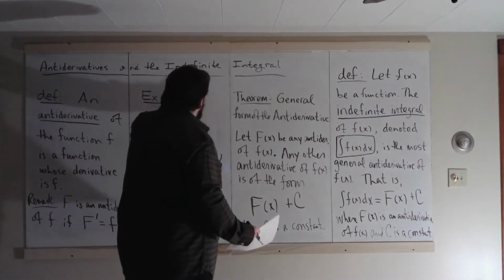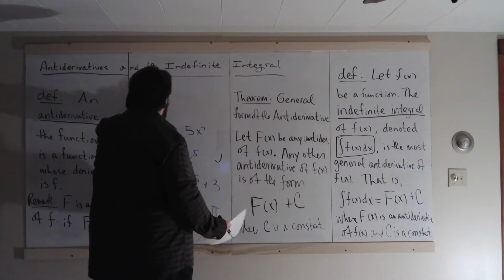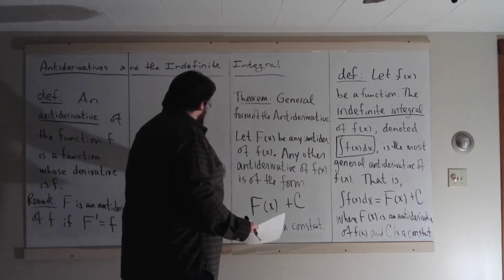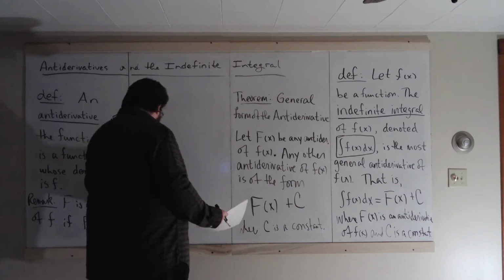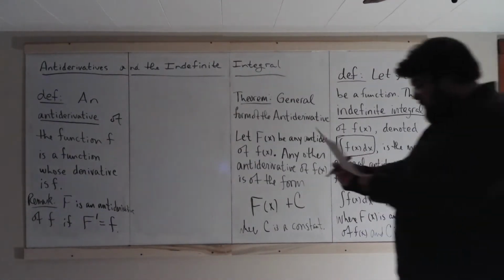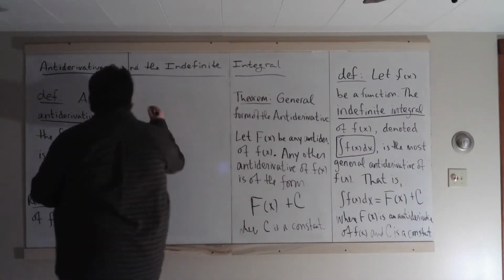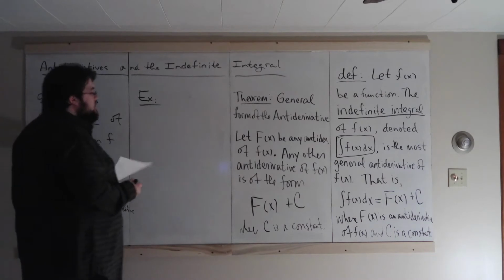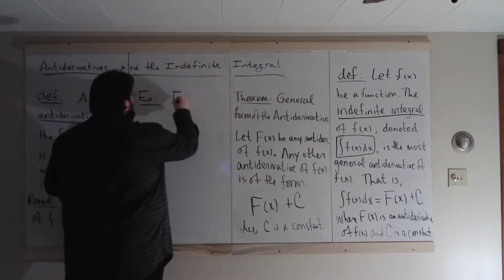So let's do two examples. We'll do this one, 5x to the fourth, and then we'll do another with a trig function, because we know derivatives of trig functions. Example: find the indefinite integral, or evaluate, let's just say.